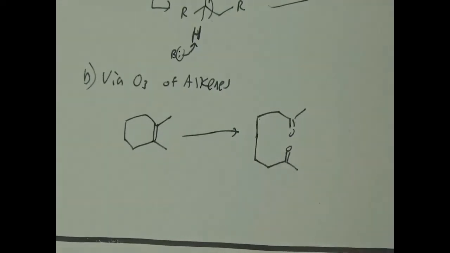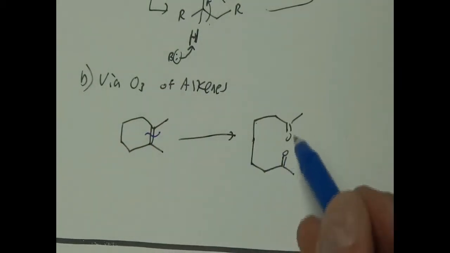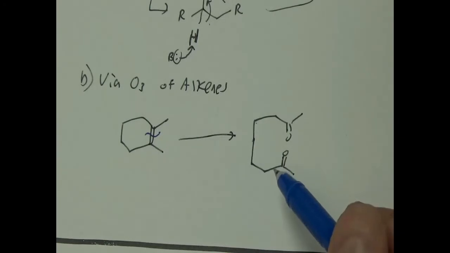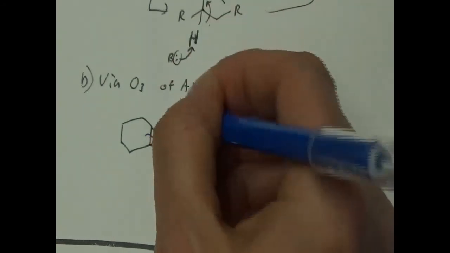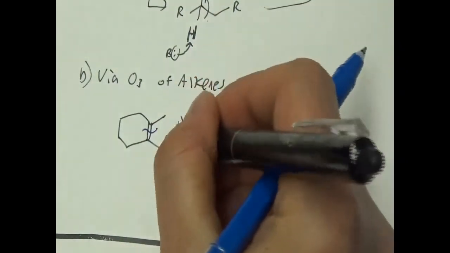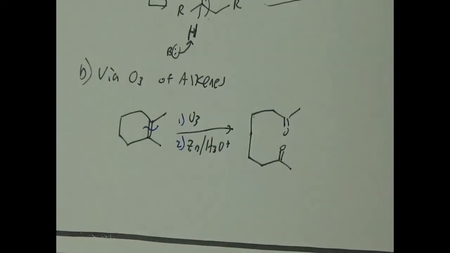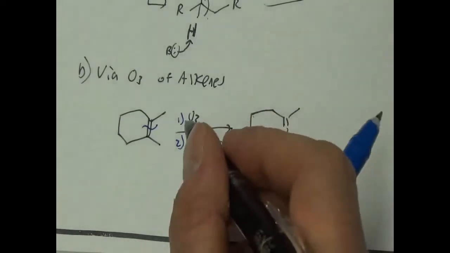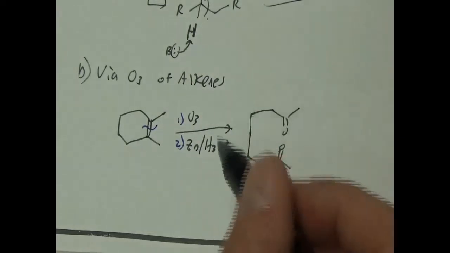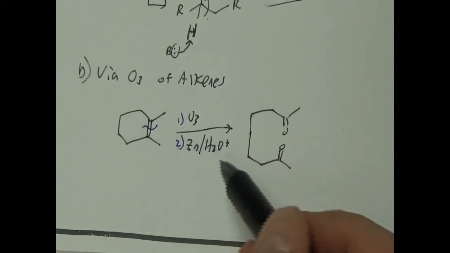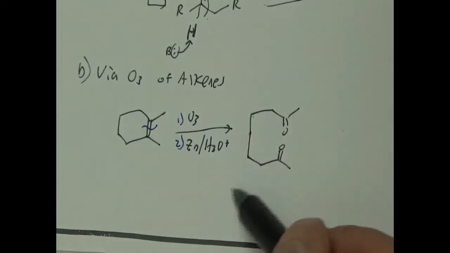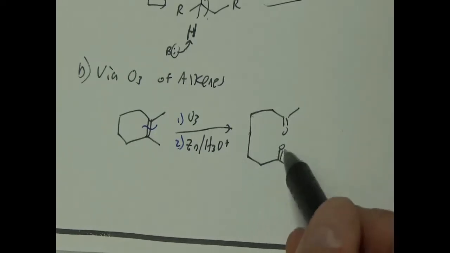Alright, it cleaves the bond and it makes a pair of ketones in this case. It's the same mechanism, I'm not going to redraw it. What are the reagents? O3, zinc, acid. Okay. Same mechanism. Ozone snaps onto the alkene, makes a primary ozonide, gets converted to a secondary ozonide, and then through a little bit of magic it breaks down and makes the ketones.